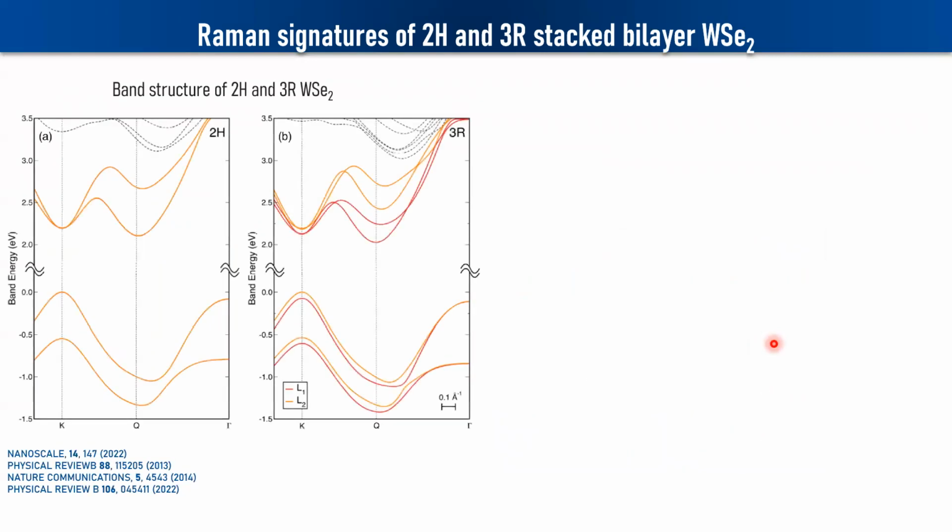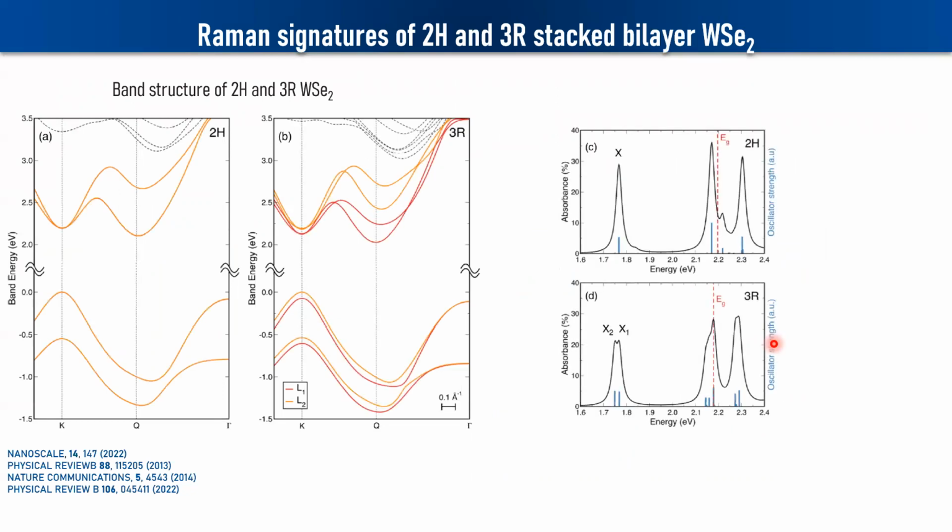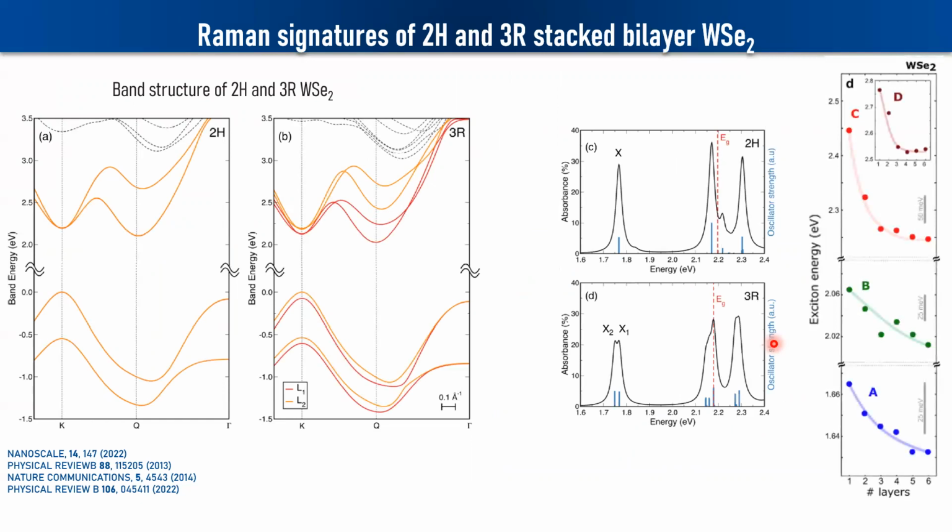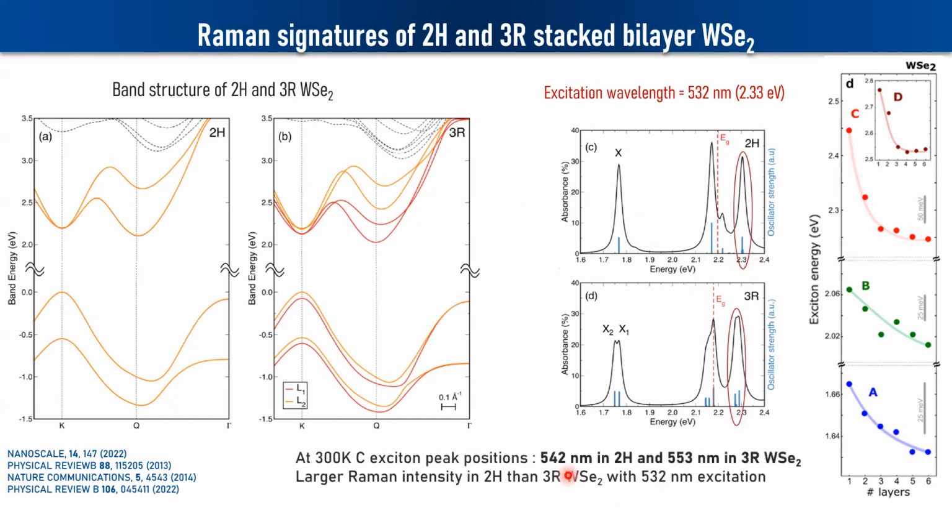Now, if you see the band structure of 2H and 3R WSe2, from this paper they calculated the absorbance percentage and the oscillator strength as a function of energy. You can see that at 300 Kelvin, the C exciton peak occurs at 542 nanometers in the 2H WSe2 and at 553 nanometers in the 3R WSe2.